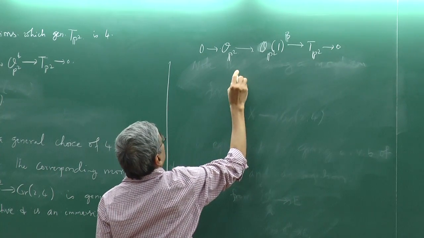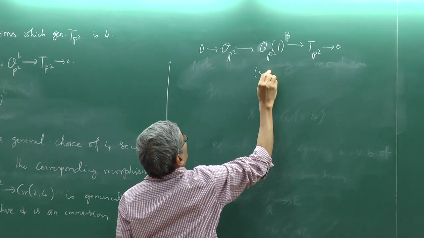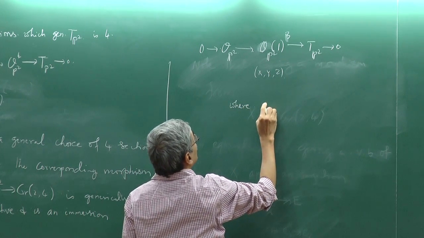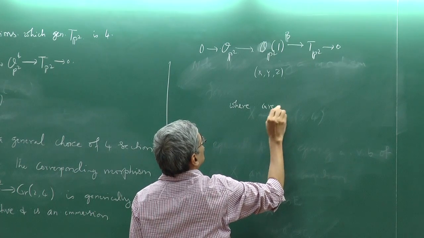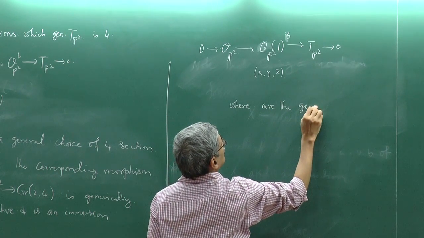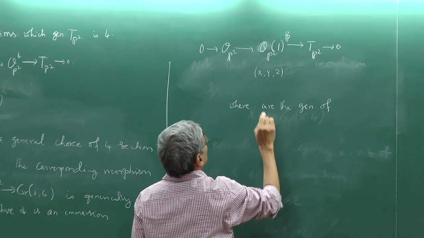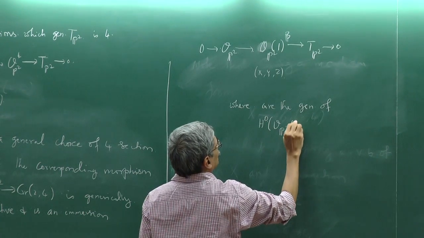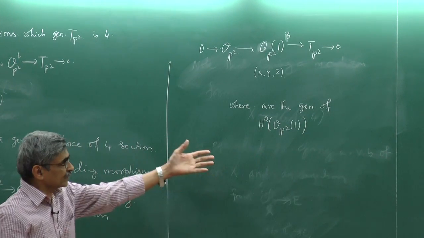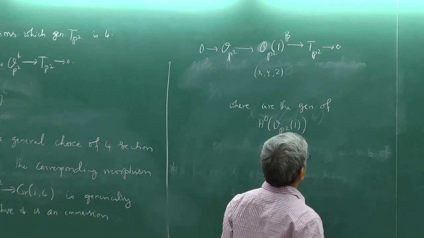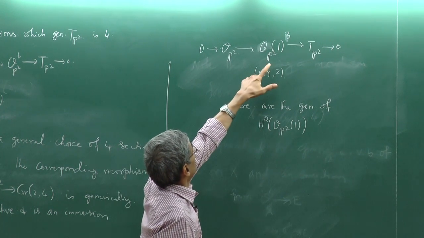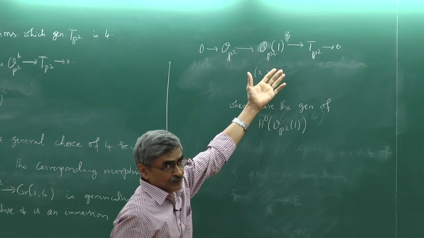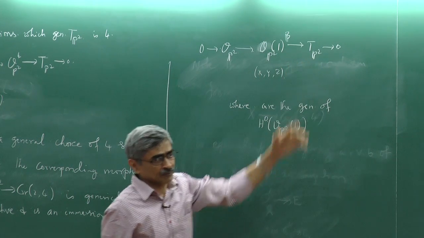So this is given by x, y, z, where x, y, z are the generators, homogeneous polynomials of O P2(1). So this is a 3-dimensional vector space. Take the 3 generators x, y, z, and you get a mapping from O(1) to 3 copies of this, which is nowhere vanishing. So hence the tangent bundle is the quotient.